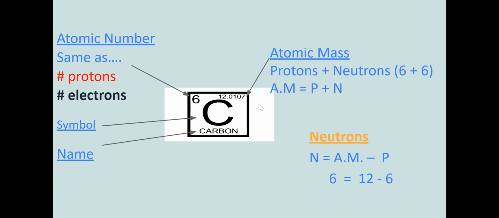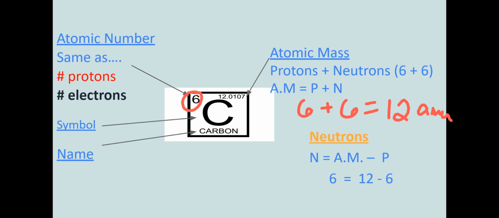So if we have 6 protons, and we know that has to be true because our atomic number is 6, plus 6 neutrons as well, that means the atomic mass would be 12, and we characterize it by AMUs, that's the unit we use.